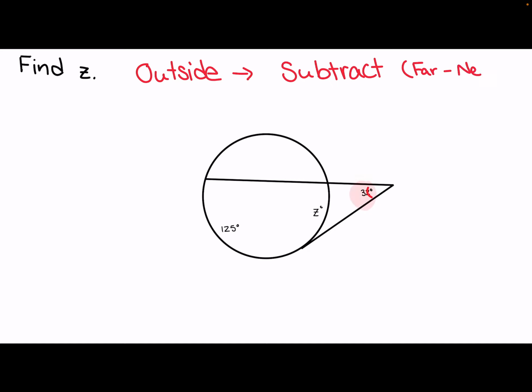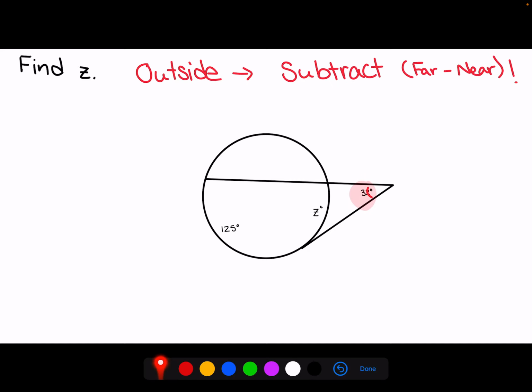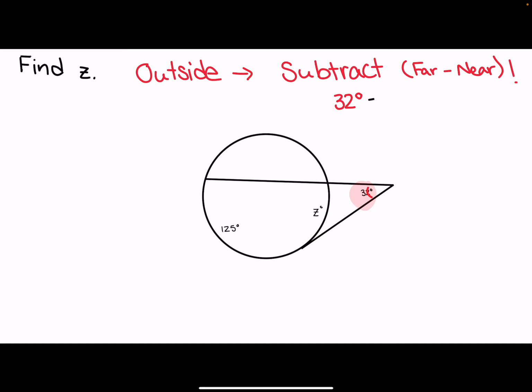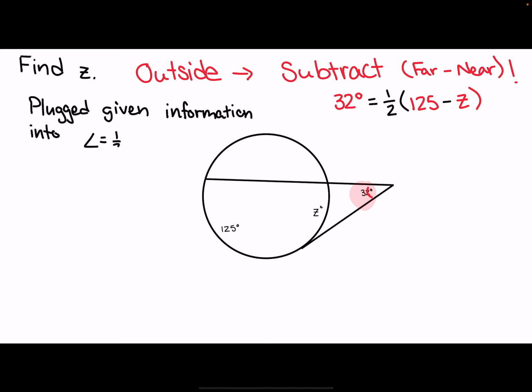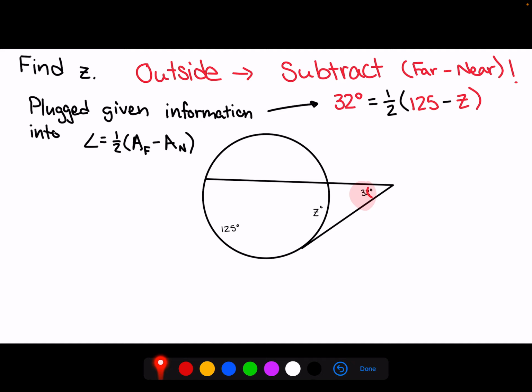So therefore, I'm just going to plug my values into our outside formula. My angle measure, 32, equals 1/2 times the far arc, 125, minus the close arc, z. Again, we got these just by plugging everything into our old equation. Our angle is equal to half of our far arc minus our close arc.